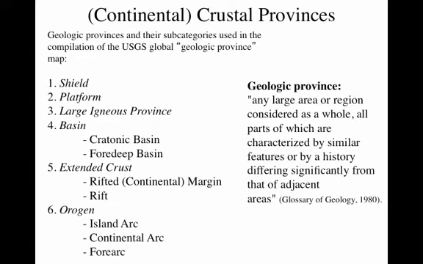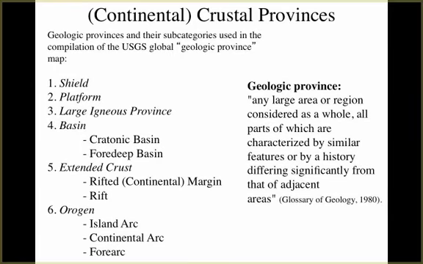Now, there are different kinds of continental crustal provinces that we can consider, and those include the shields and the platforms that are the older cores of the continents. There may be large igneous provinces or large basins where there are foredeeps or parts of cratons.